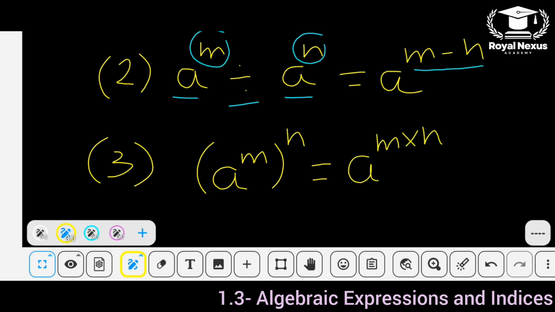It means that when you have a power to the power question, the two powers will be multiplied together. So these are the three rules of indices. Now using these three rules, we will be solving a total of 4 different questions so that you get a solid understanding of the concept.